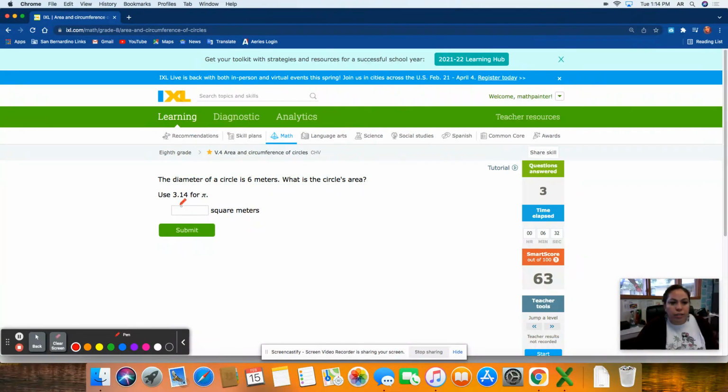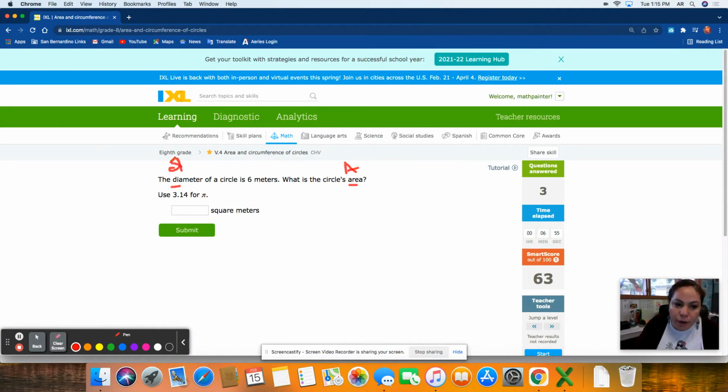All right, this question says the diameter of a circle is 6 meters. What is this circle's area? So we have A and we have D. On our board, we see that we don't have D in the formula for area. The formula for area is A equals pi r squared.